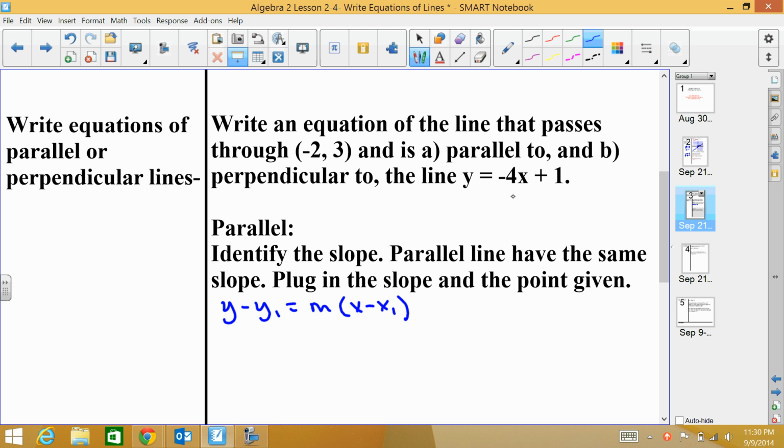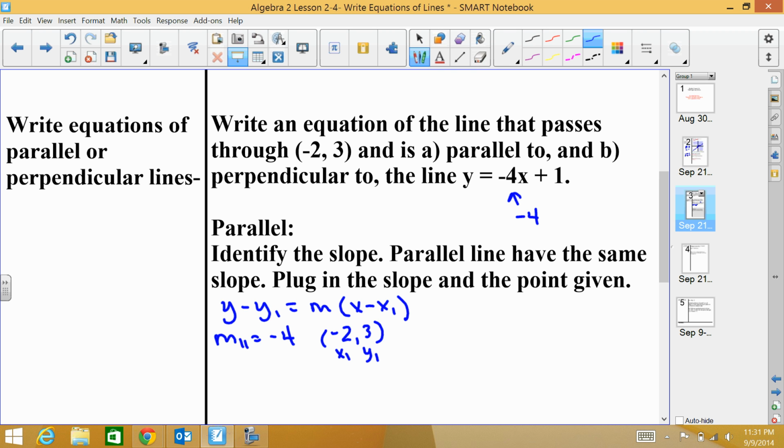We would identify the slope, which is -4. And so the parallel slope that we're going to use is also -4 because parallel lines have equal slopes. So that's where we're going to plug in for m. Then you would plug in -2, 3 for your x1 and your y1.